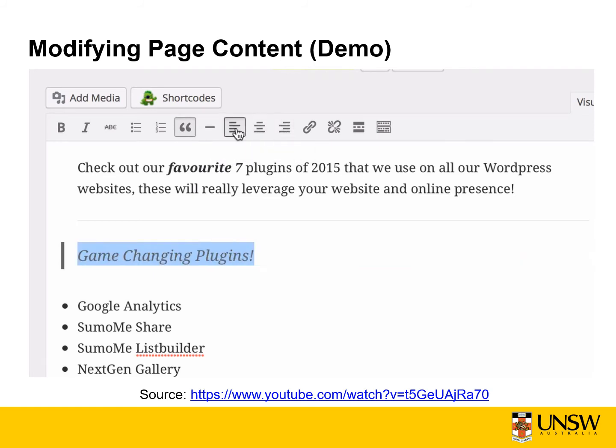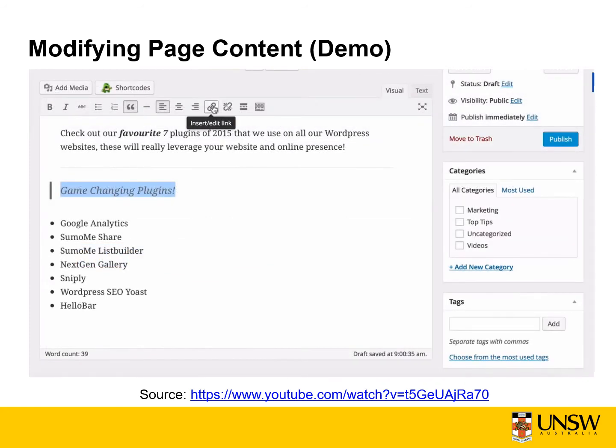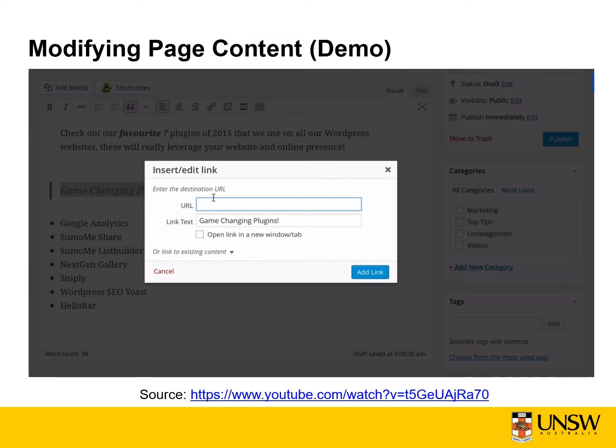Creating a link is easy. Just highlight the text, then click on the Create a Link button here. This pop-up comes up, and all you do is fill in the link address here, which is where people will be taken to when they click the link. You can choose if you want this link to be opened in a new window or tab here.